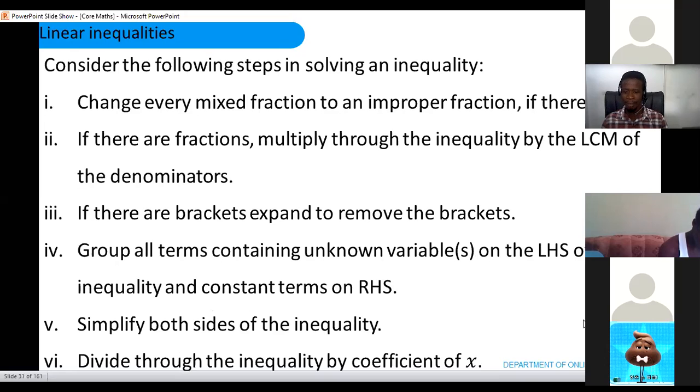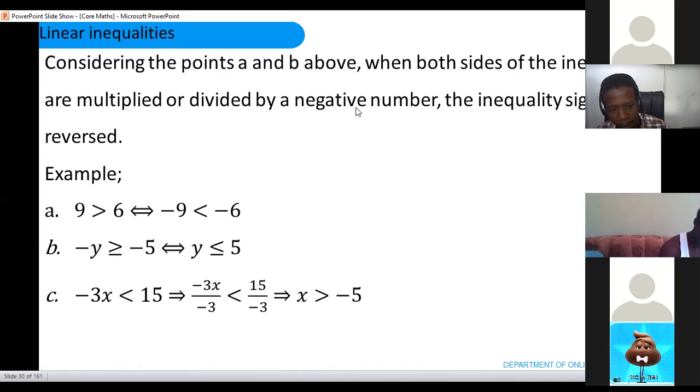After changing the mixed fraction to an improper fraction, what is our next step?